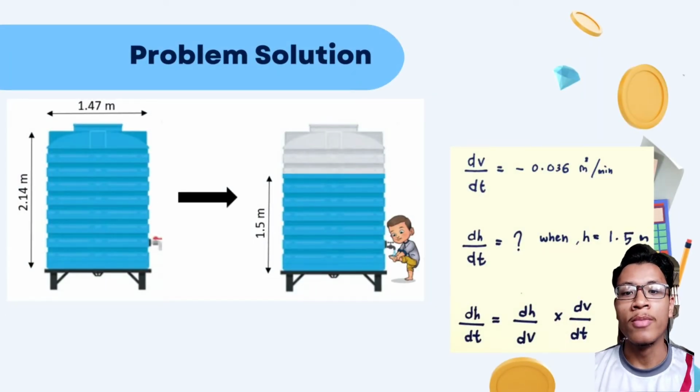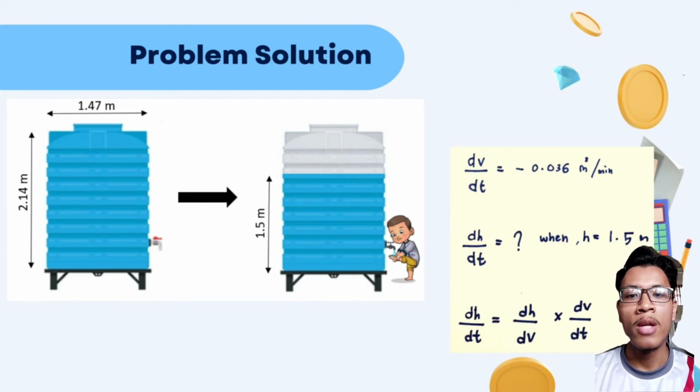From the problem statement before, we can extract the information such as the diameter of the water tank is 1.47 meters and the height of the water tank is 2.14 meters, and the rate of change in the volume is negative 0.036 cubic meters per minute.